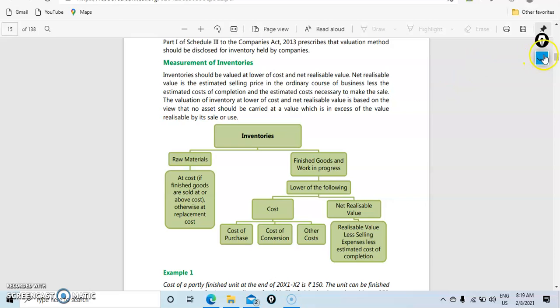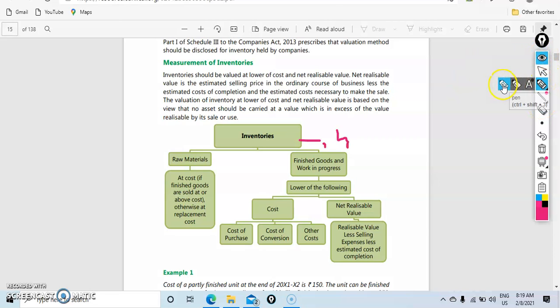Okay, now we have discussed the scope of valuation of inventories. Now we will discuss how to value them. For this we know raw materials, finished goods, work in progress, all these are inventories. Now how can we value them?